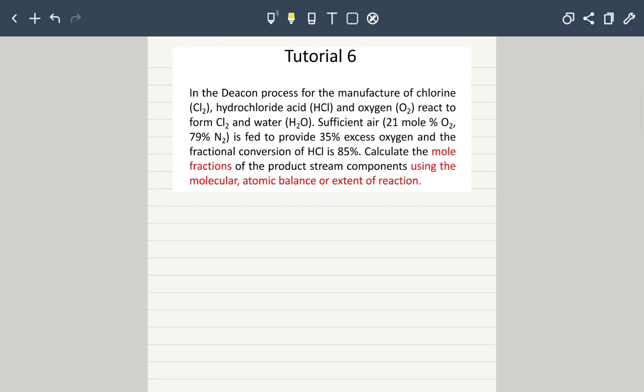In the Deacon process for the manufacture of chlorine, hydrochloric acid and oxygen O2, which is three substances, react to form Cl2 and water.